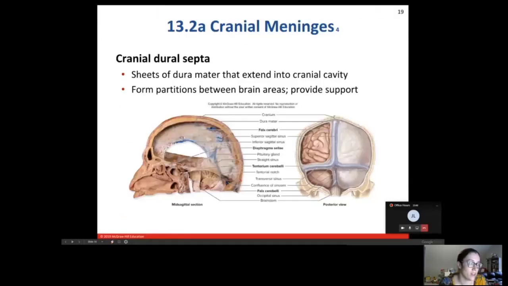This is FYI, you don't need to identify them, but just know these pieces of the dura mater are important in keeping the brain in place. We can also see that where these cranial dural septa are, the meningeal layer has separated from the periosteal layer, so you have these dural venous sinuses. They all have different names, but you don't need to know their exact names. Just know what a cranial dural septa is.